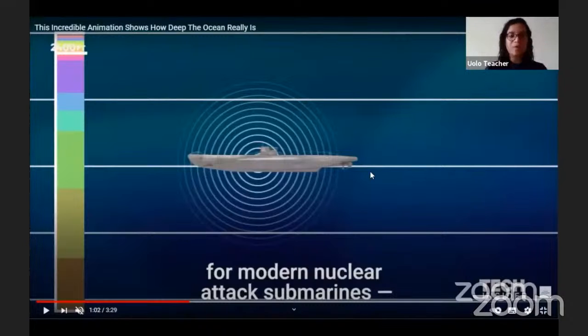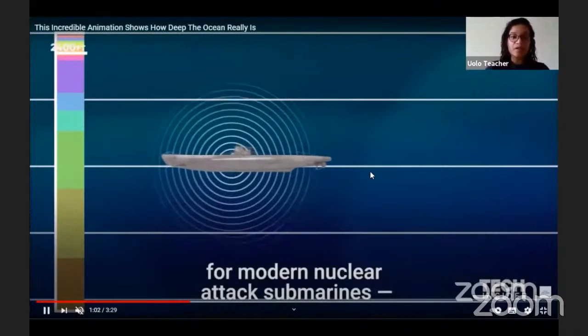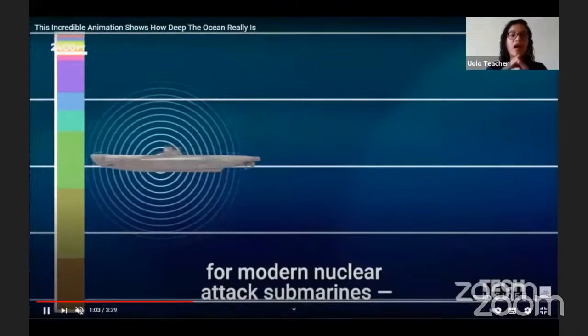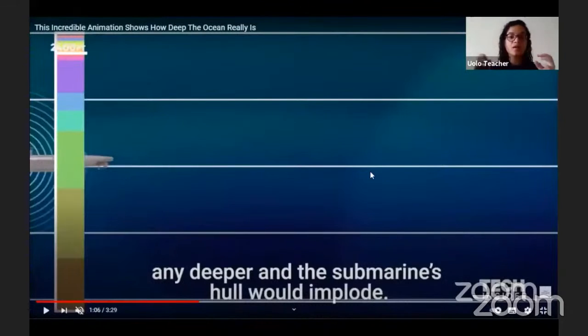So we have these modern nuclear submarines which can go deep down. Okay, but why is this called a danger zone? Because if these submarines go any deeper, what would happen? The submarine's hull would explode.